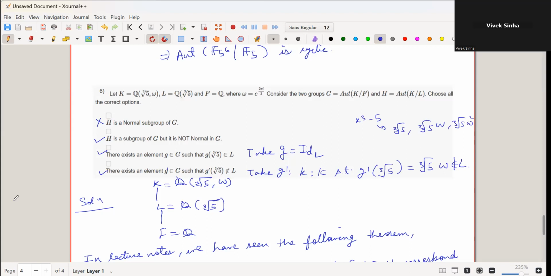So you can map it to any root. So here I am just mapping it to cube root of 5 times omega, which is not inside L.